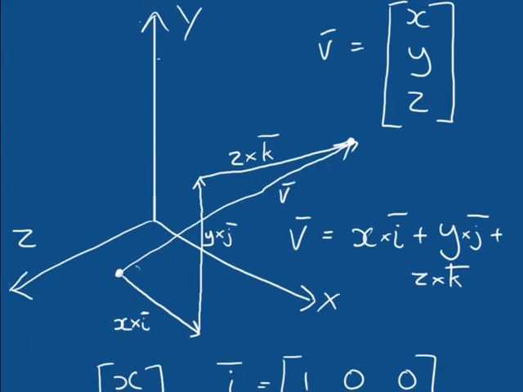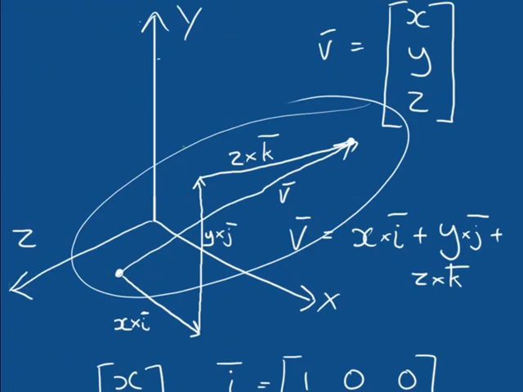We're simply going to travel a certain distance in x, a certain distance in y, and a certain distance in z, which is all that our vector does in the first place.